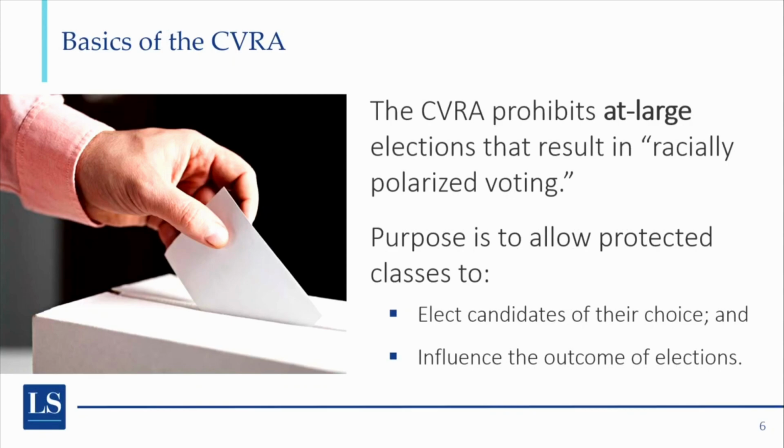Racially polarized voting is voting in your jurisdiction that precludes race, color, or language minorities in protected classes from either electing candidates of their choice or otherwise influencing the outcome of elections. This can be your board elections, ballot measures, anything that gets on the ballot. Next slide.